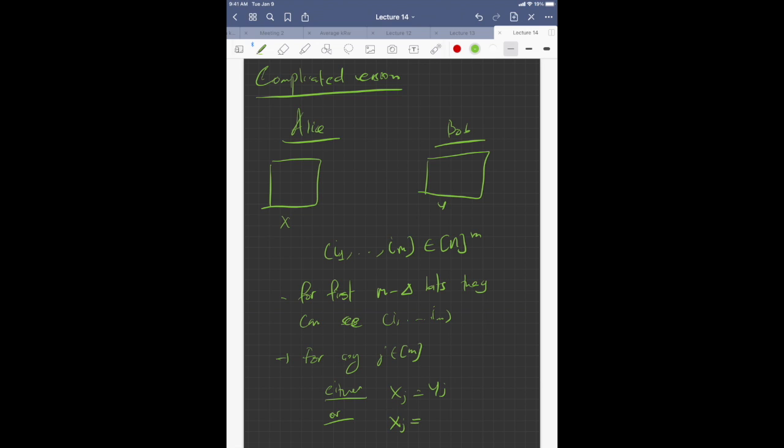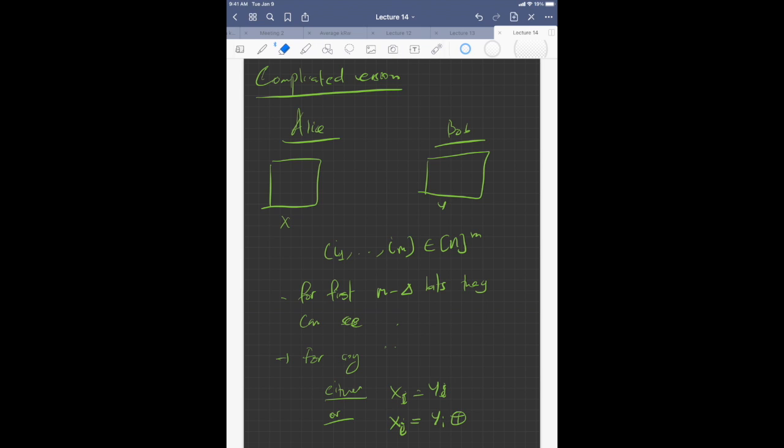So what does it mean? Maybe let me call this i in m just to be consistent. So either xi is equal to yi or... okay, that was not a good idea to call that i. So let me call this j itself.